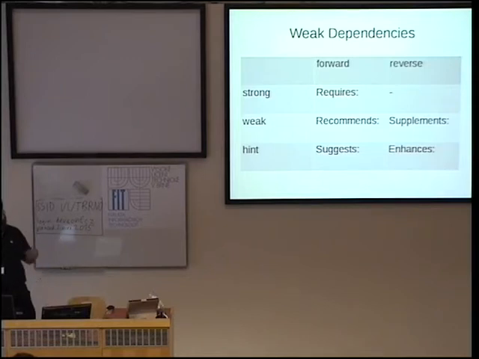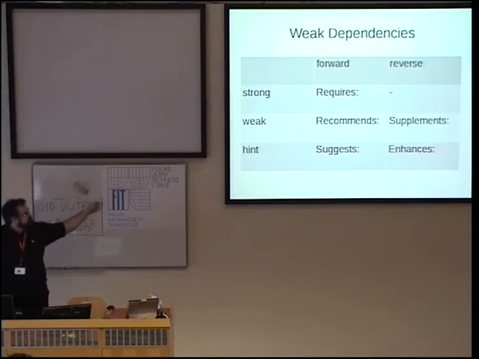So if you install a package that recommends another package, the other package is installed by default, but if it cannot be installed for some reason, or you want to uninstall it by excluding it or removing it from the system, you can do that. There's an even lower level, which I call hints, which are suggests and enhances. There are two ways they could be used, which I will talk about in later slides.